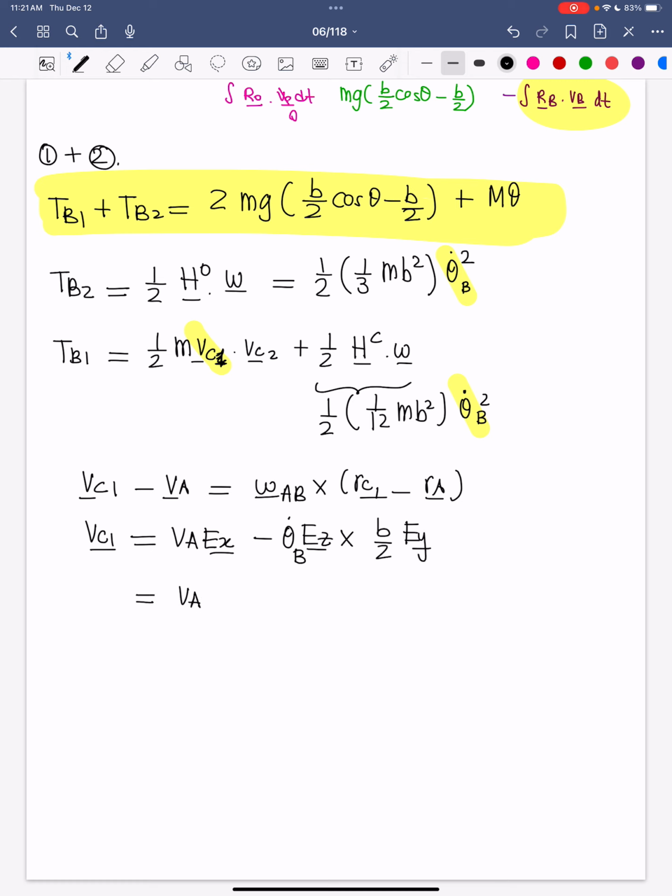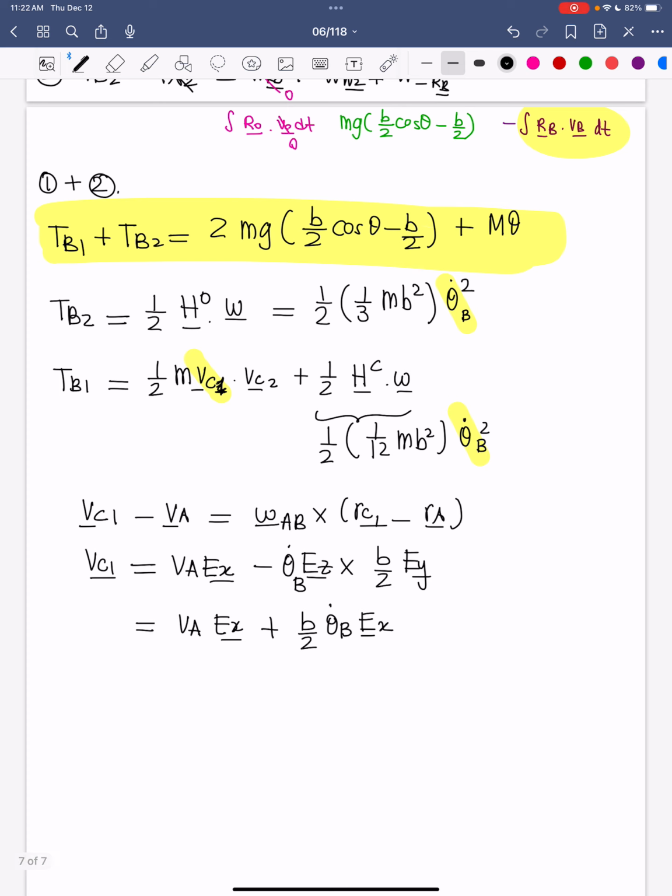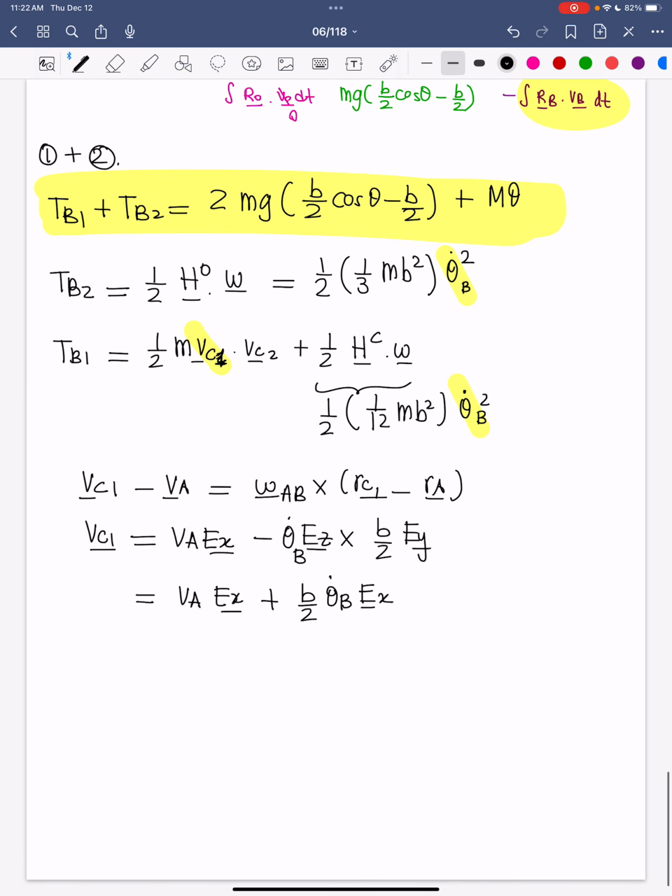So vA EX plus b over 2 theta dot B EX. Okay, so now I have this unknown vA. vC1 is vA plus b over 2 theta dot B EX.